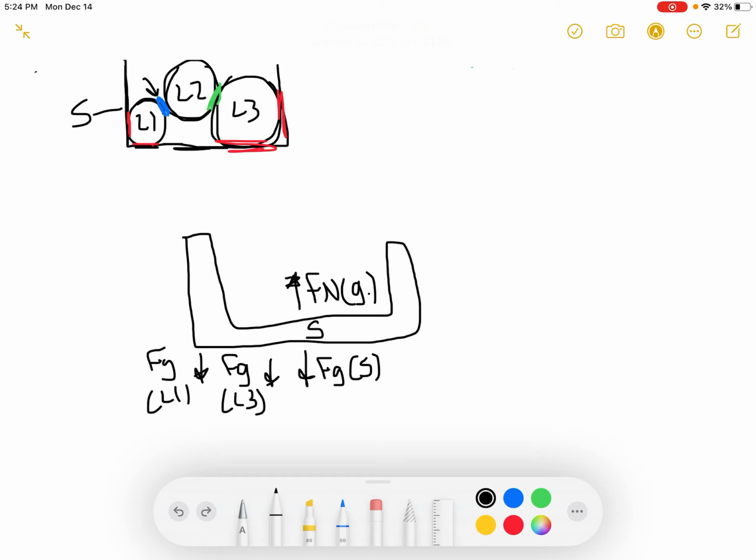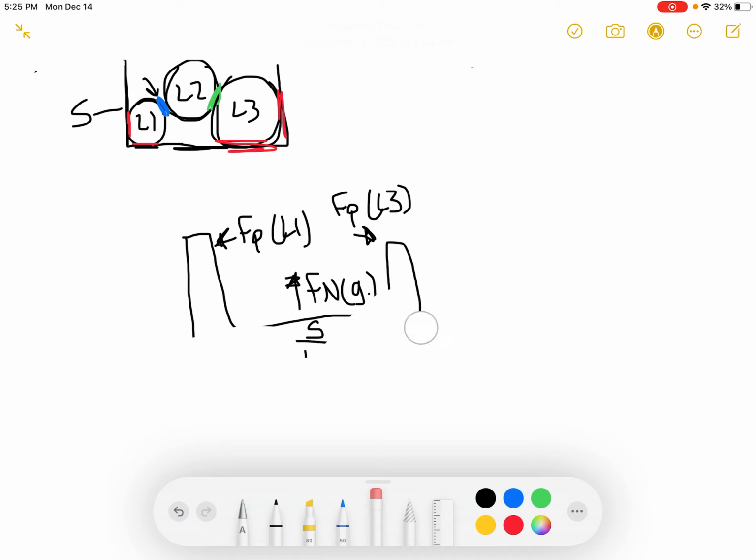So there's going to be one this way, FP of log 1, because log 1 is resting on it, and then one this way also that is of log 3. And that is the free body diagram for the stand, and that is problem number 2. Let's look at the next problem.